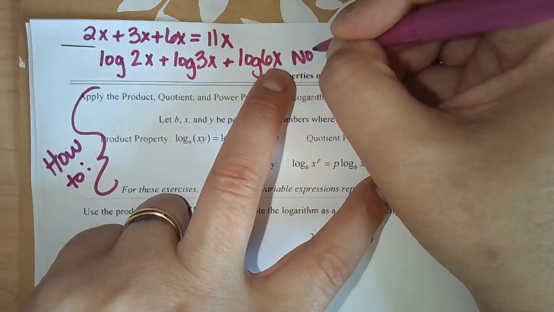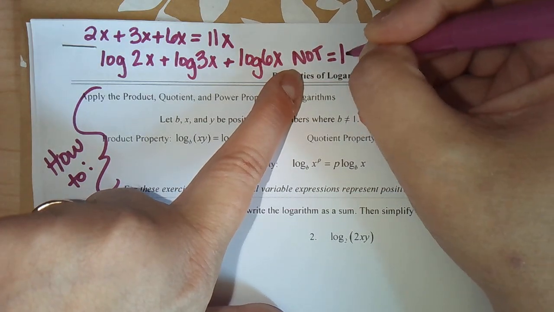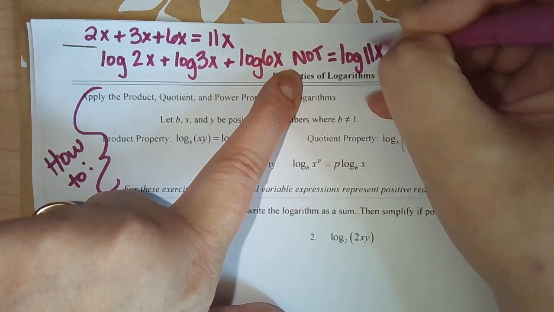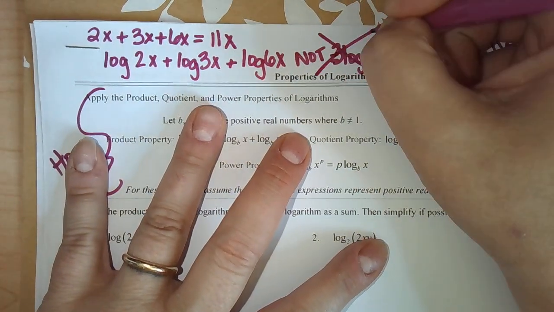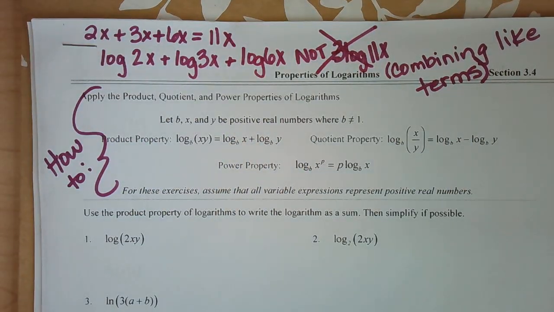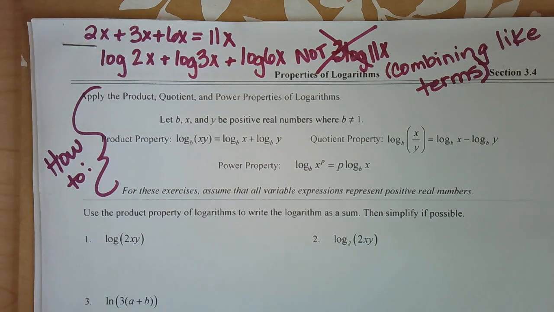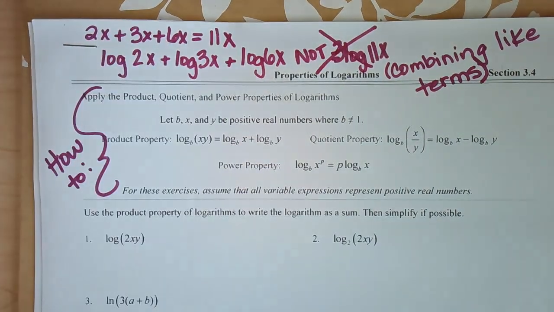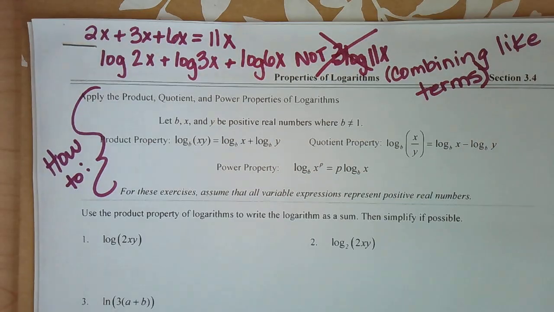So this is not going to be equal to log 11x, or even if you think it's 3 log x, it's not that. How we combine like terms with logarithms is different from how we combine like terms in algebra, and it's different because it's the inverse of how we combine like terms with exponentials.